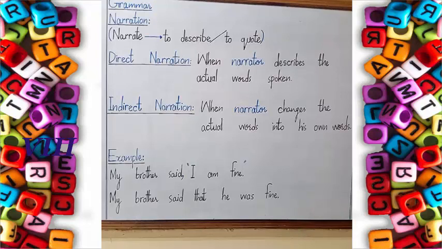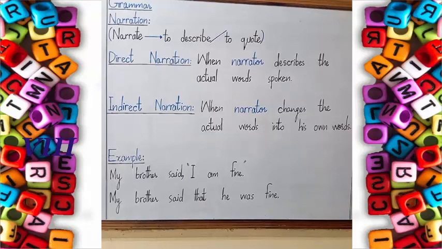Narrate means to describe, to quote. In simple words, narration means a statement quoted or described by somebody. So when a narrator describes the words spoken by somebody else, it is called narration.